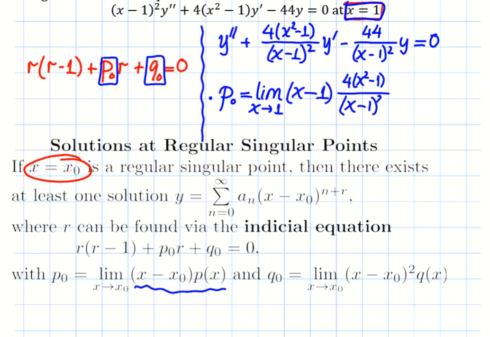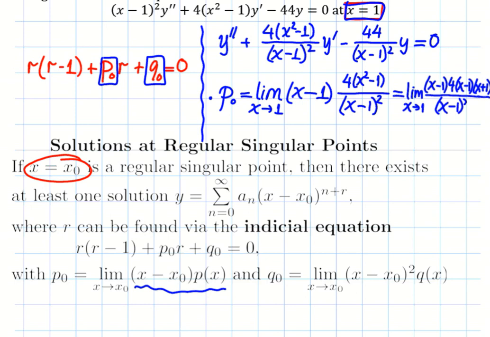So if we simplify everything, I should factor the top expression: 4 times x minus 1 times x plus 1. The bottom is just x minus 1 squared.